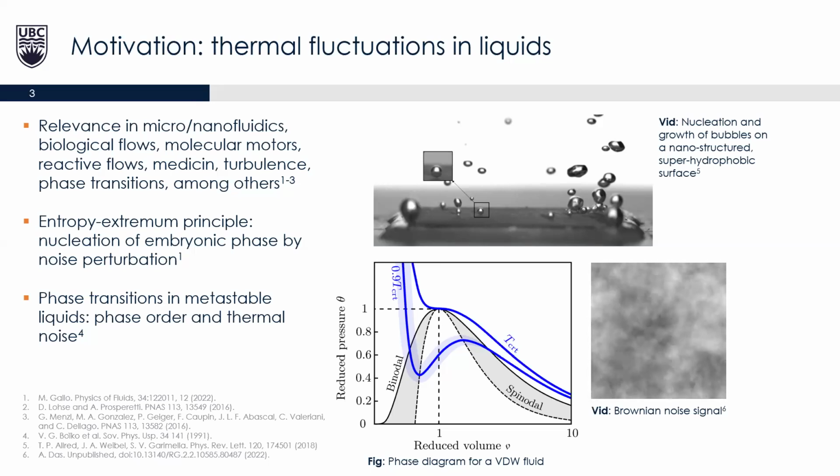You could, of course, as has been done in some other cases, just overlay the Brownian noise by brute force into your thermodynamics, but as I'll show in a bit, we do it a little differently.